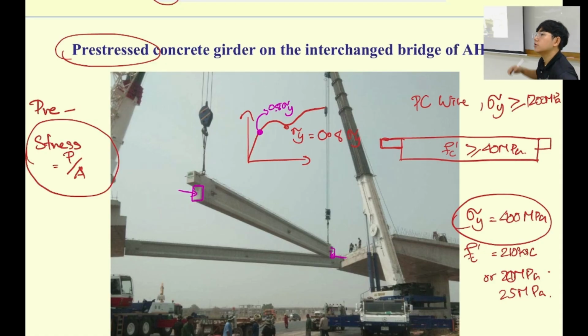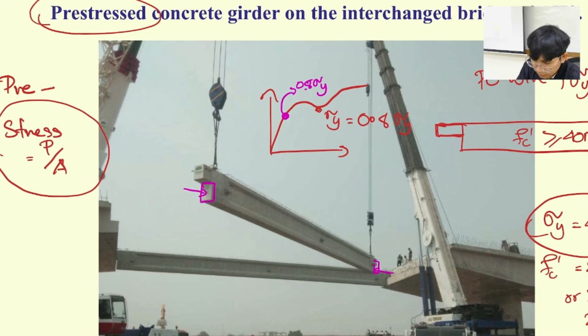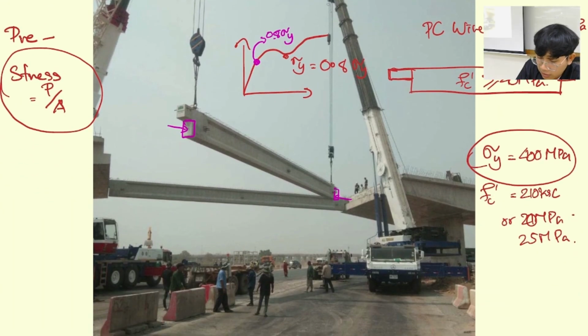You got this concept, right? So when we pull it and then after we cut it, the material trying to go back to its original shape, which has no stress. But we have the concrete over here in order to hold the stress inside the concrete. So if the concrete over here is the low strength concrete, what do you think it's going to happen?